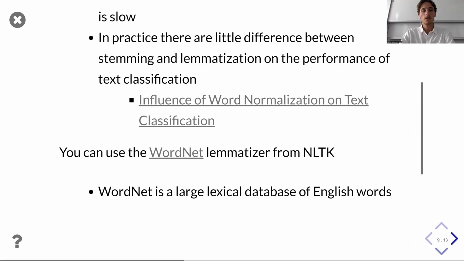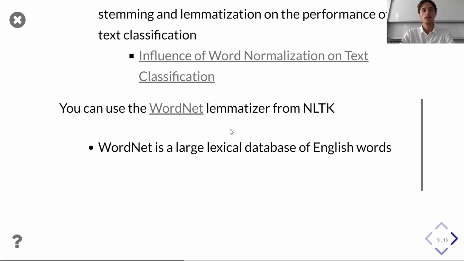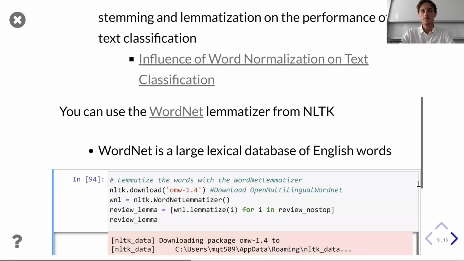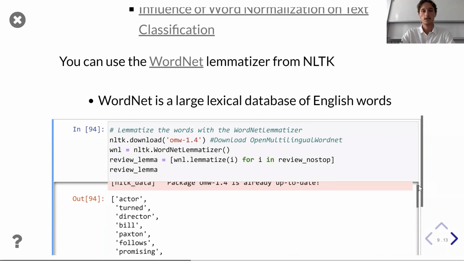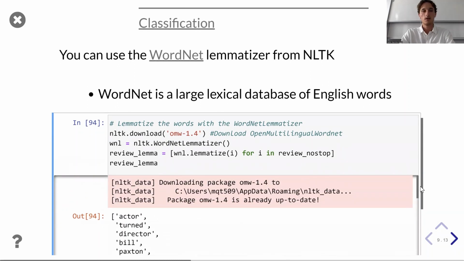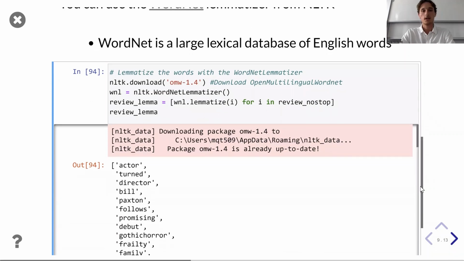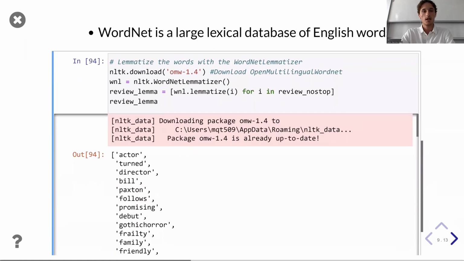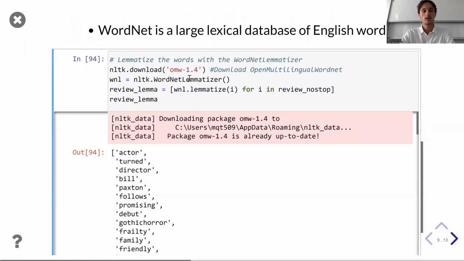But if we want to use lemmatization, then you can use the WordNet lemmatizer from NLTK. And WordNet is a large lexical database of English words. So you can think of it as a dictionary. And we can use that in Python like this. So we download the WordNet database or the WordNet dictionary, and then we save this WordNet lemmatizer in WNL to ease the coding.